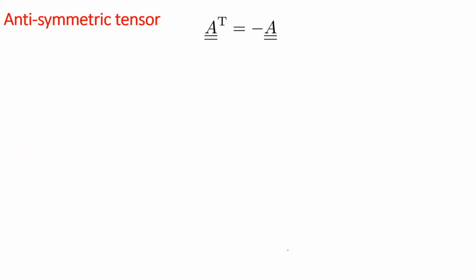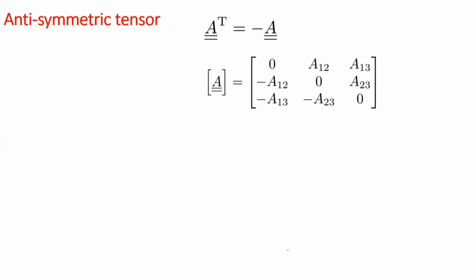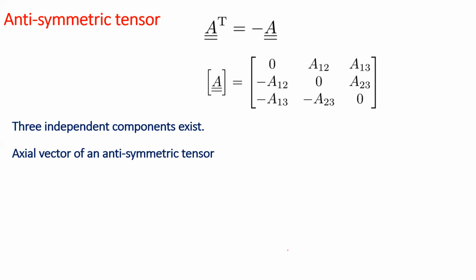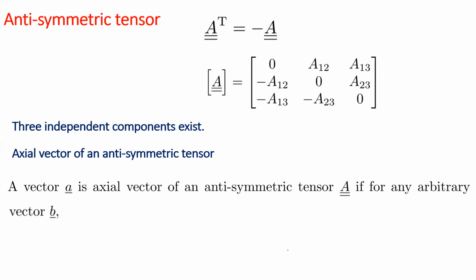For an antisymmetric tensor, if the transpose added to the original tensor becomes null, then such a tensor is an antisymmetric tensor. And here the number of unique components is just 3. And since there are just 3 components, people thought, okay, why not represent this as a cross product matrix? If you carefully observe the notation, it boils down to that cross product matrix which you have seen in the dynamics course. So an axial vector was coined out of this. If a is an axial vector of an antisymmetric tensor A, then the following should hold true.